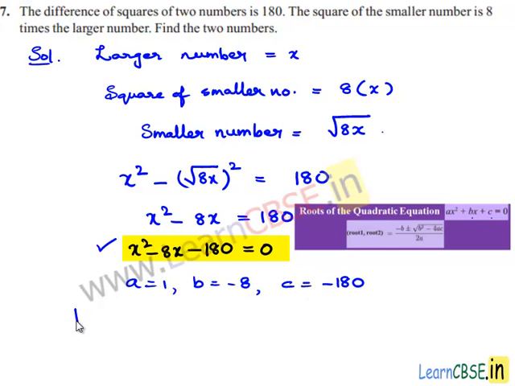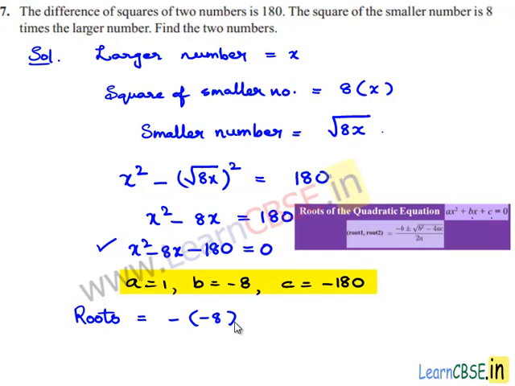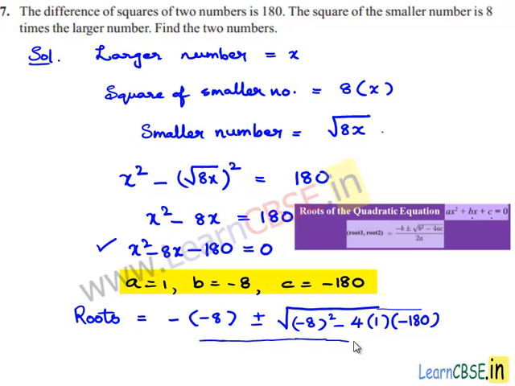So the roots of the equation become minus b, which is minus of minus 8, plus or minus square root of b square, which is minus 8 square, minus 4ac, 4 times a, which is 1, and c, which is minus 180, divided by 2 times a, which is 2 times 1.